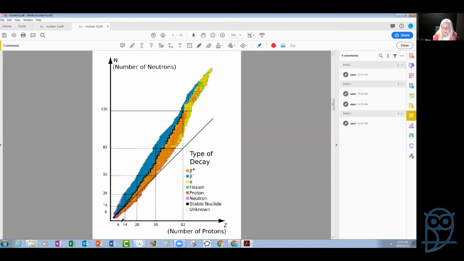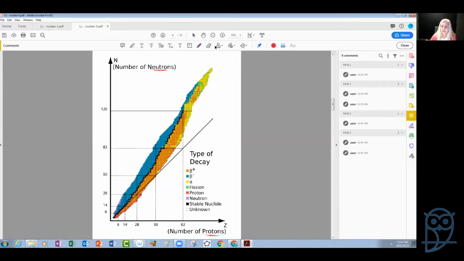As we move to the right-hand side, the number of protons in the nucleus increases. And the vertical axis corresponds to the number of neutrons, because remember, the nucleus is made out of protons and neutrons. So this graph gives us an idea of the balance between the numbers of neutrons and protons in the nucleus and what happens.